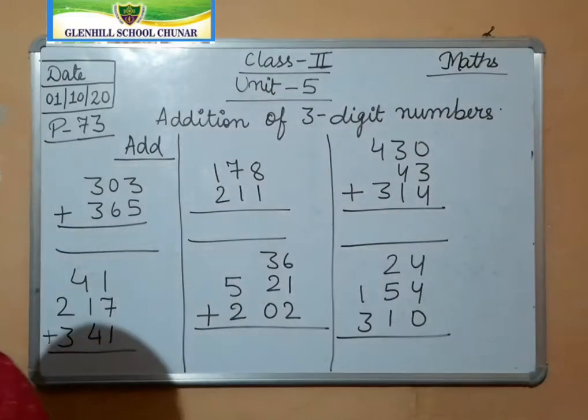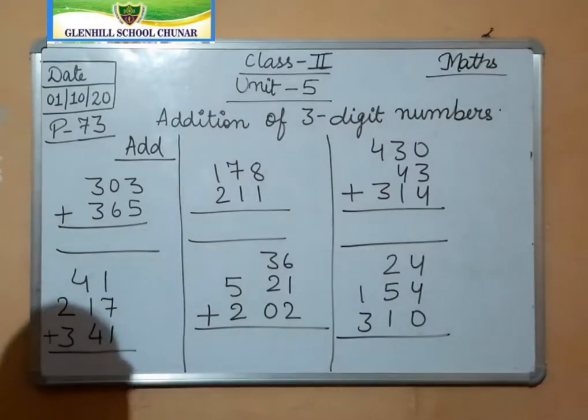So these are the 3-digit number and also the 3 number.